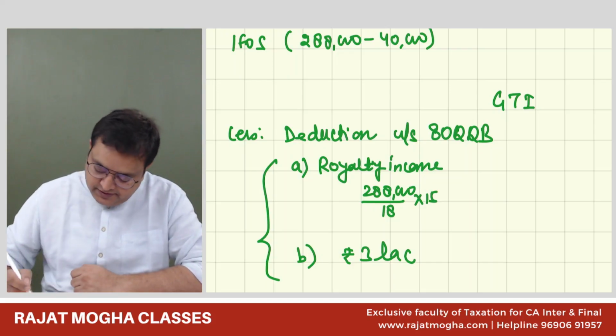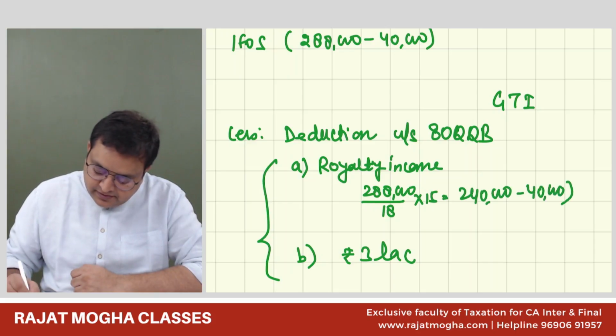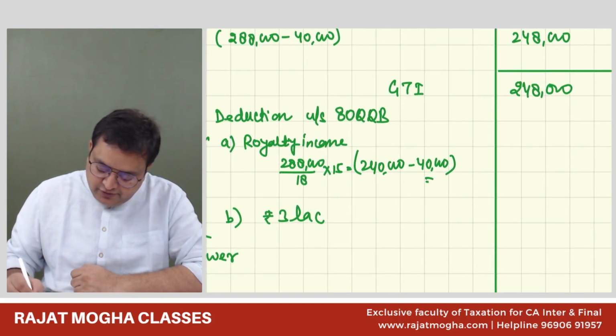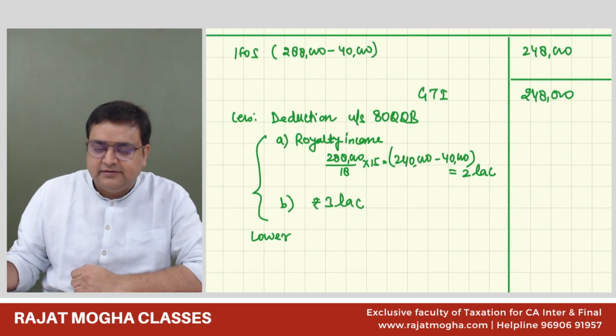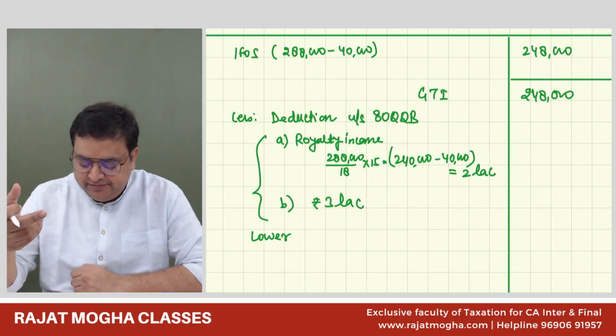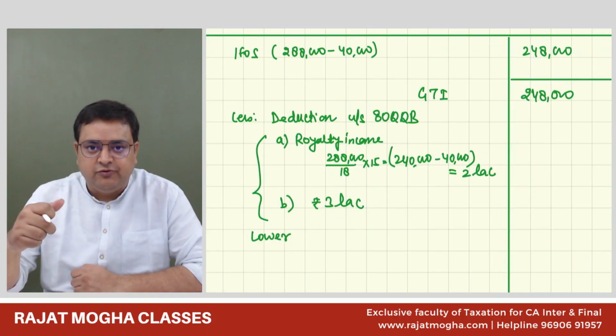So it would be 2,40,000 minus expenses of 2 lakh rupees. Got it, guys? So this royalty income we will take not more than 15%.